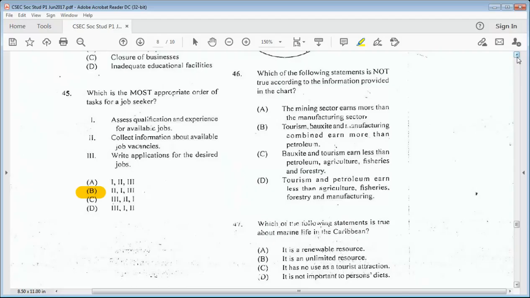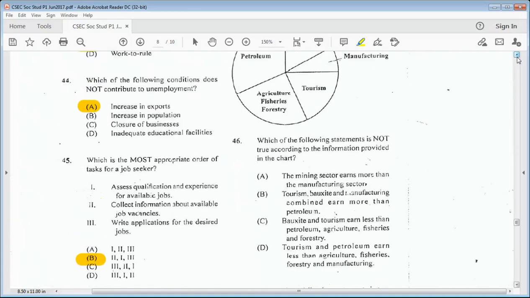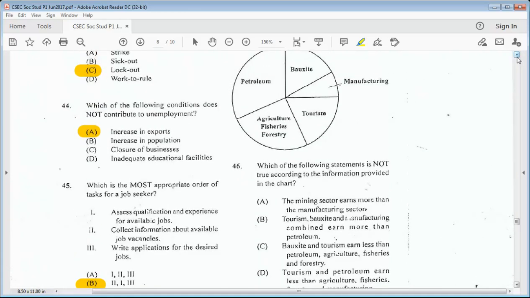B says tourism, bauxite, and manufacturing combined earn more than petroleum. So tourism, bauxite, and manufacturing earn more than petroleum. Yes. Okay. So that is not our answer option.